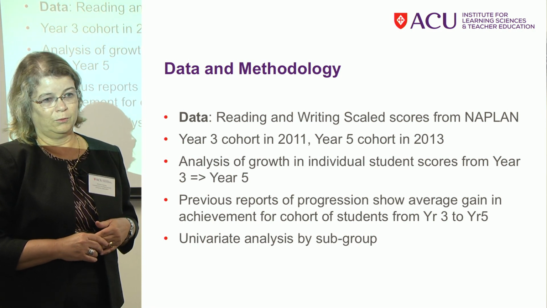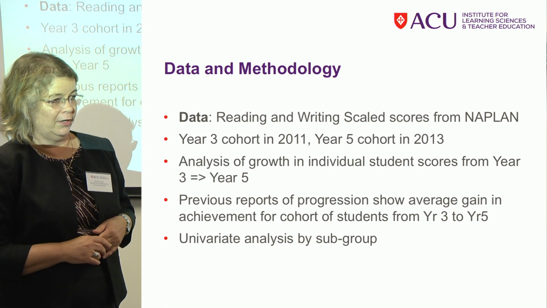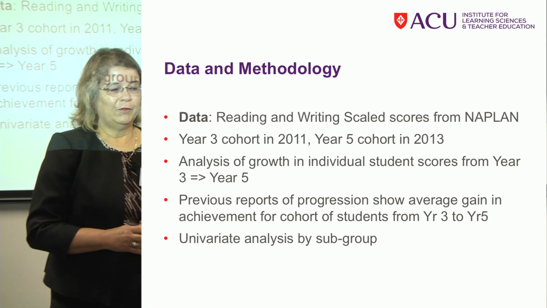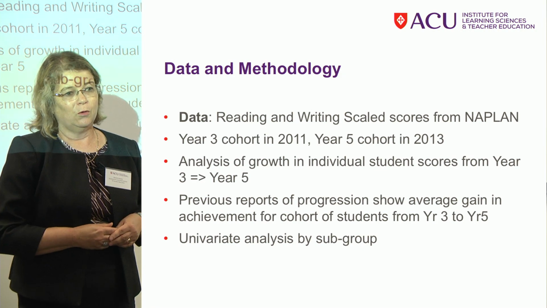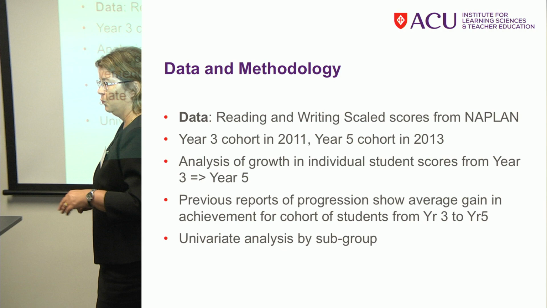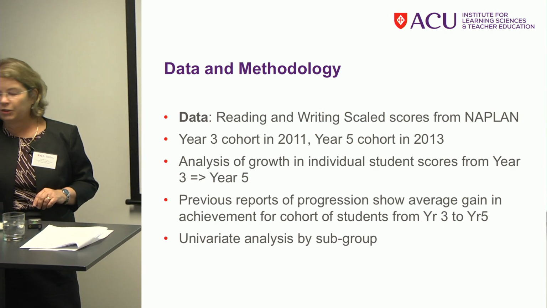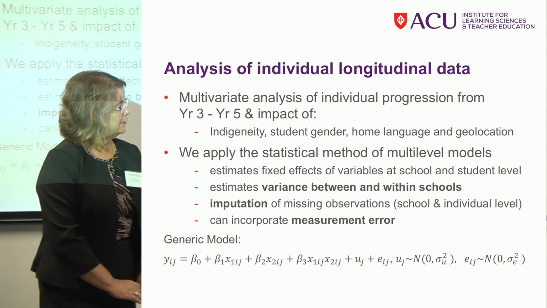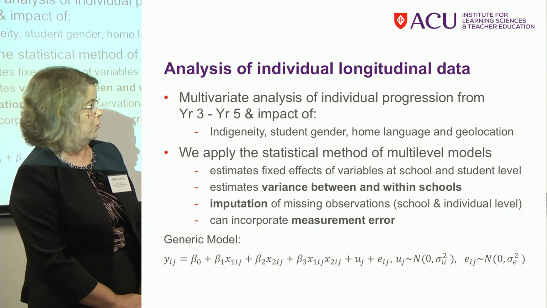Children that live in rural and remote areas to children that live in metropolitan areas. But we really need to capture the variation in growth across students. We need to be able to capture all of those factors at once and how they impact on change in scores. So how can we do that? Well, we can do that with multivariate analysis in the form of multi-level models.